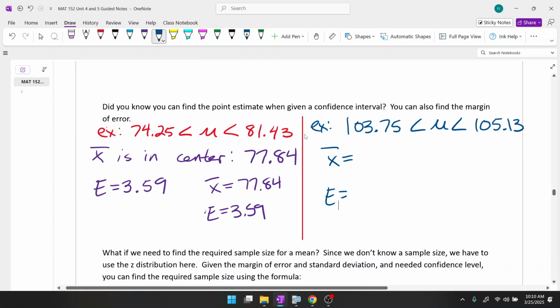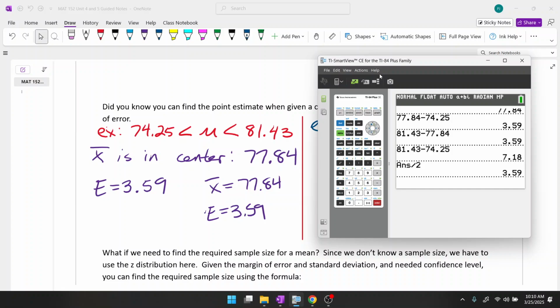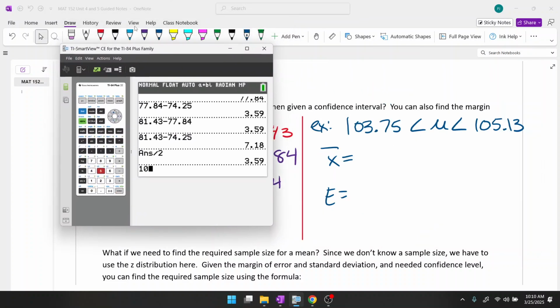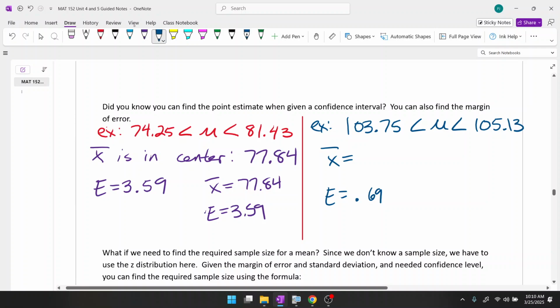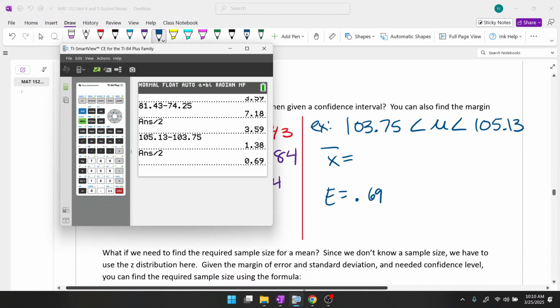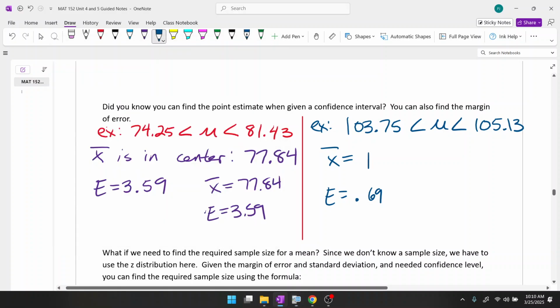You could do the margin of error first, if you really want, by taking 105.13 minus 103.75 and dividing it by 2, and you get a margin of error of 0.69. And if you were to add 103.75 plus 0.69, or 105.13 minus 0.69, you get 104.44. So that's all there is to that.